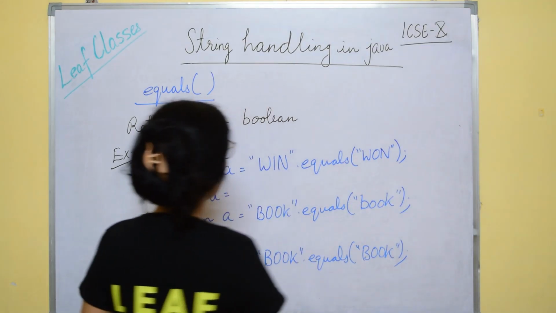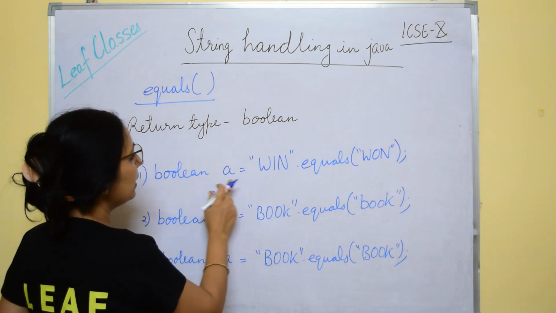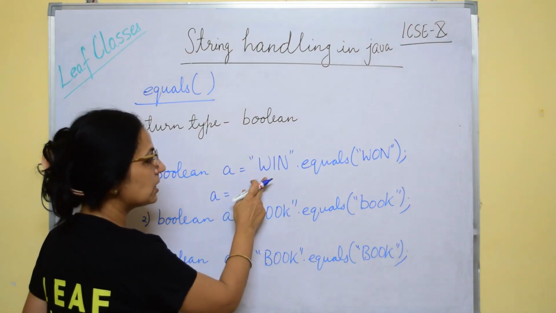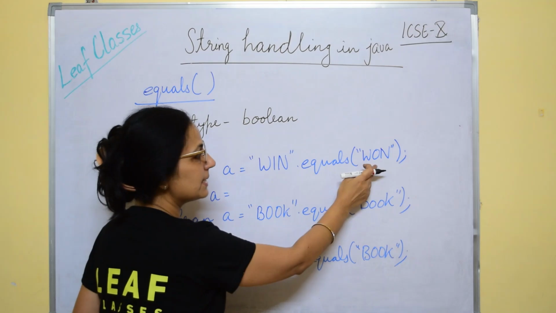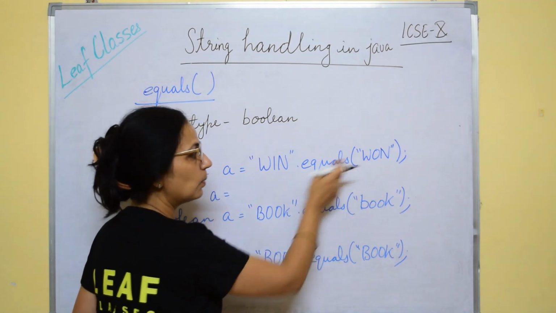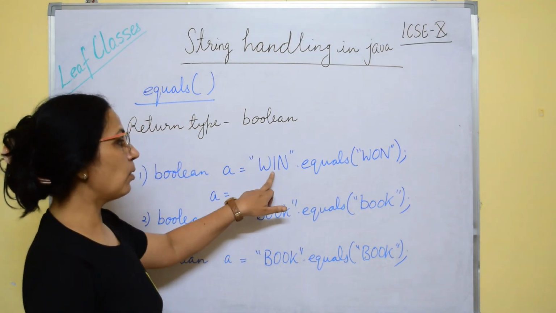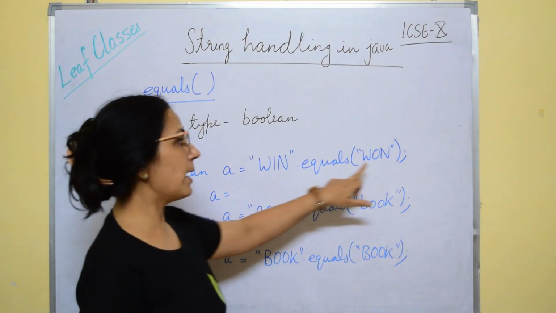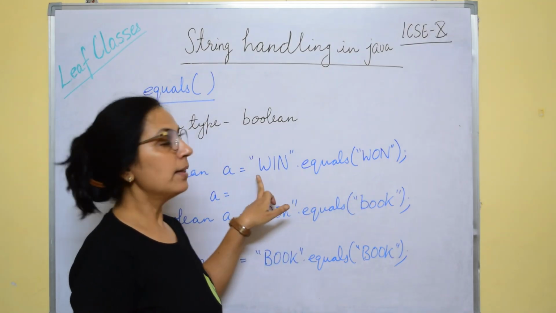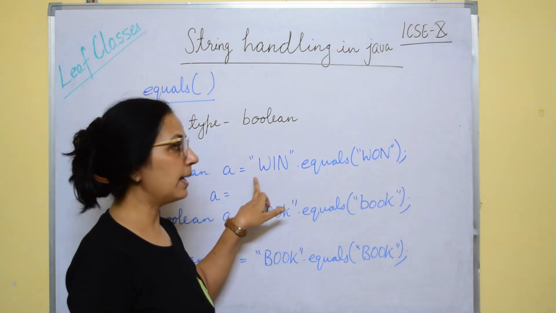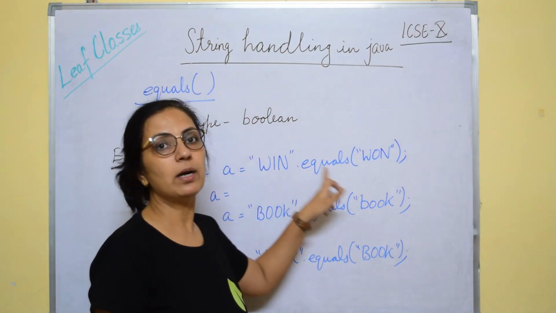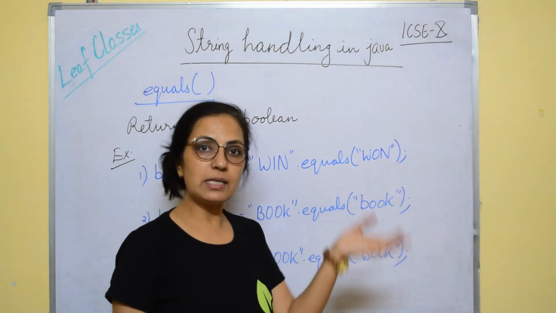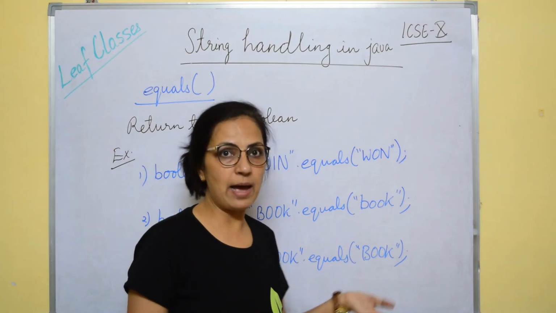Let's take the examples. First is boolean a equals first string, I have written "win", dot equals, second string within brackets, within double quotes. When you are writing string 1 and string 2, the string constants can be there like I have written, or it can be the variable name s1 dot equals s2, where you have the s1 and s2 values beforehand.